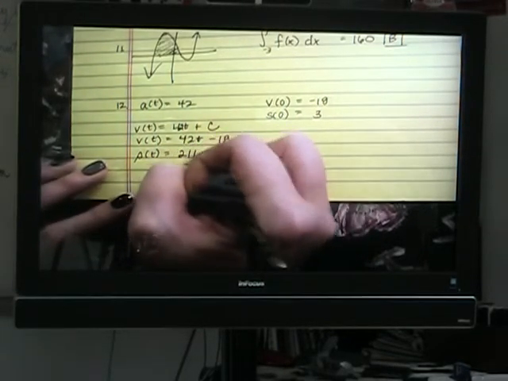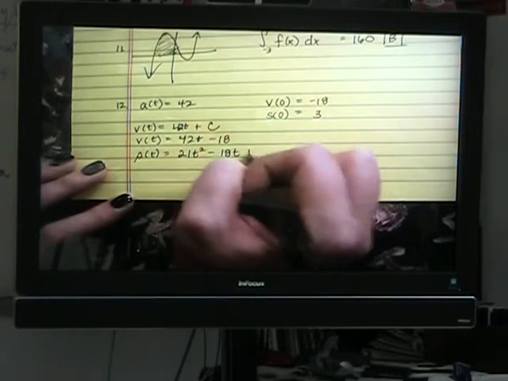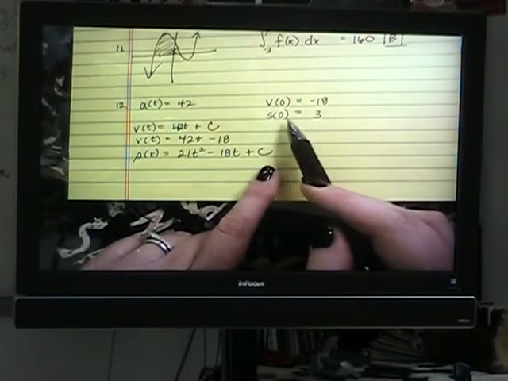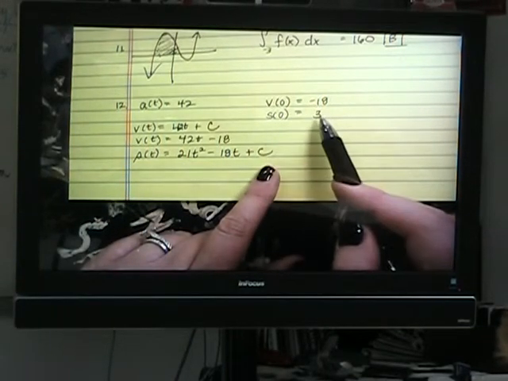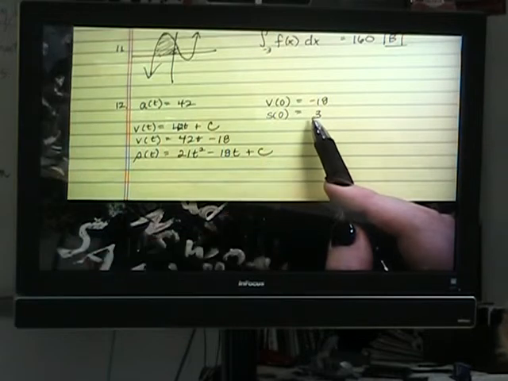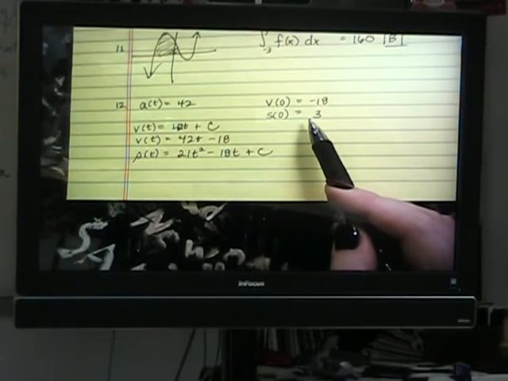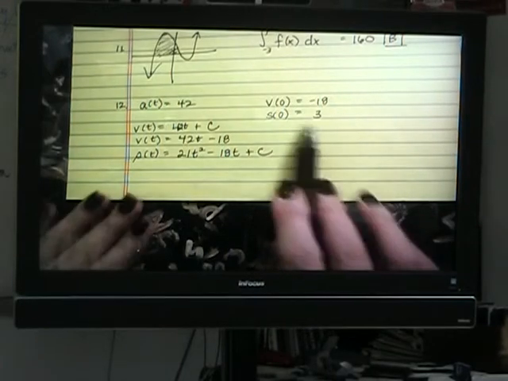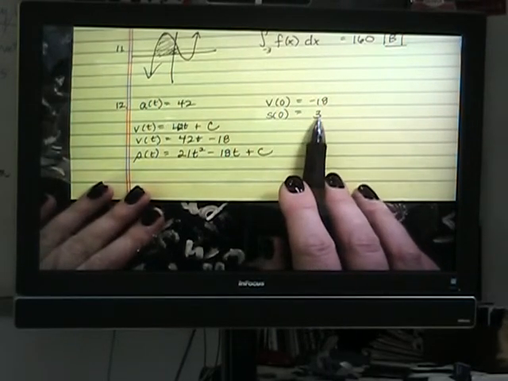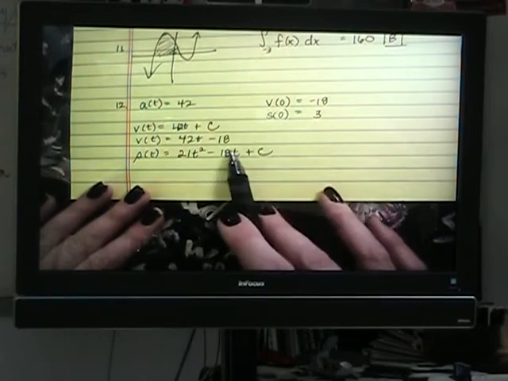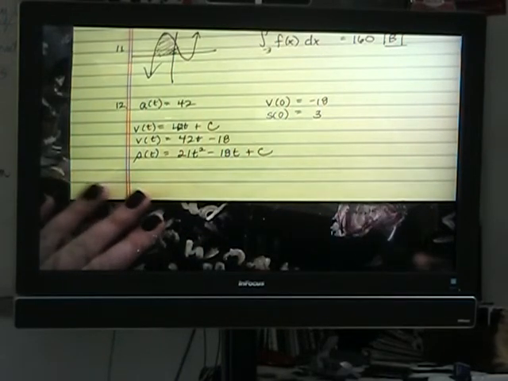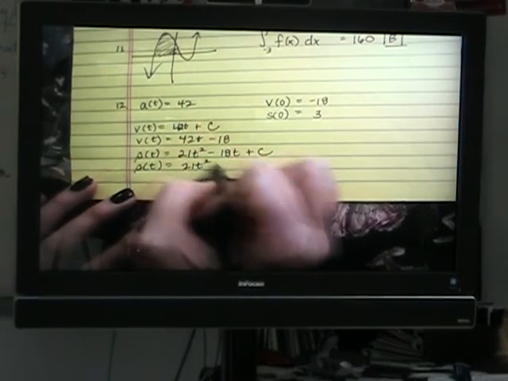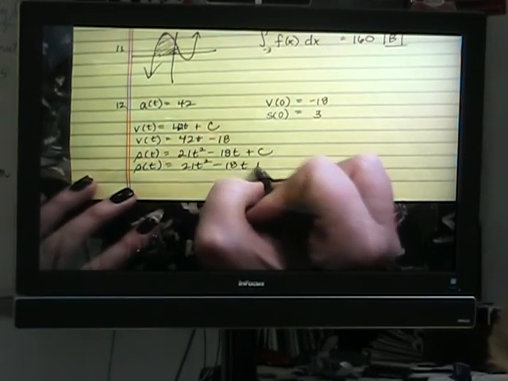You get 21t squared minus 18t plus c. And to figure out what c is for this function, you sub in 0 for t and 3 for s of t. I'm sorry, I said that backwards. You sub in 3 for s of t and 0 for t, and you get c is 3. So your s of t function is 21t squared minus 18t plus 3.